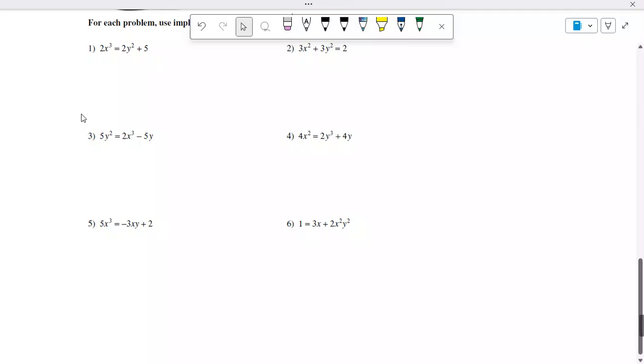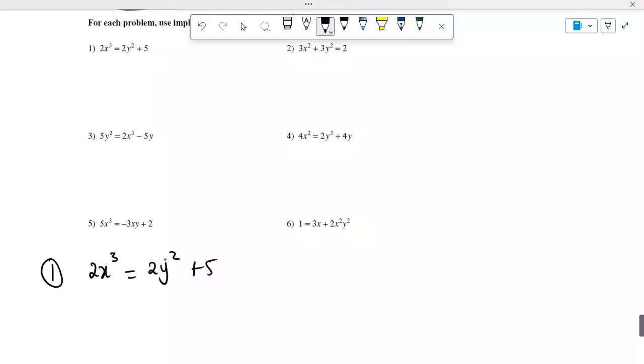Now coming to our question: how do we do implicit differentiation? Number 1: 2x to the power 3 equals 2y to the power 2 plus 5. The way you do implicit differentiation is you differentiate each term with respect to x.